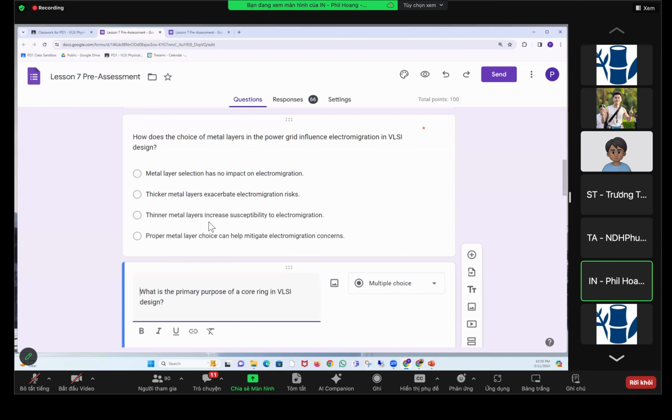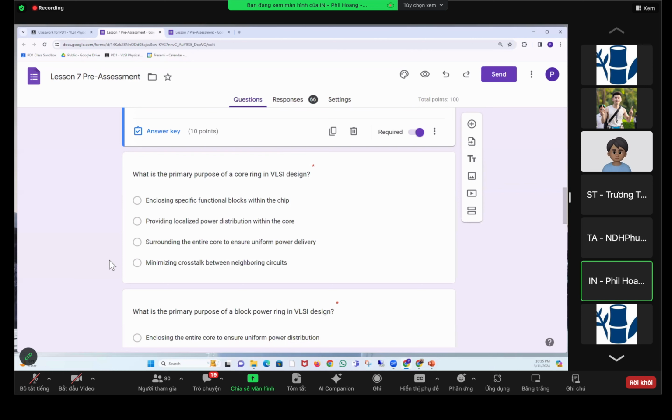Enclosing specific functional blocks, providing localized power distribution within the core, surrounding the entire core to ensure uniform power delivery, minimizing crosstalk between neighboring circuits. All right. The correct answer is C.